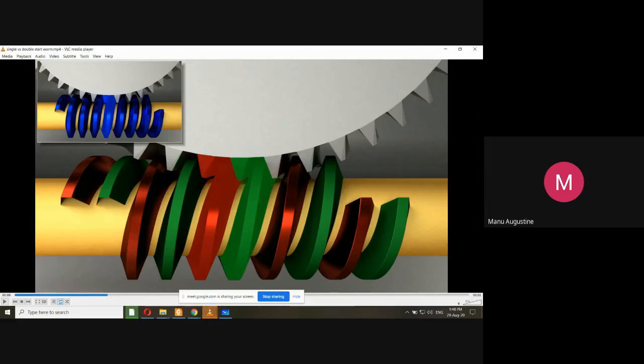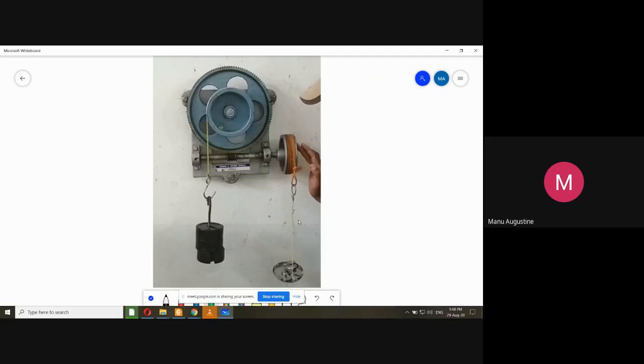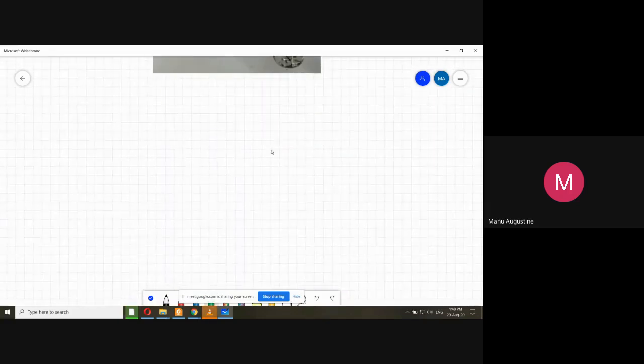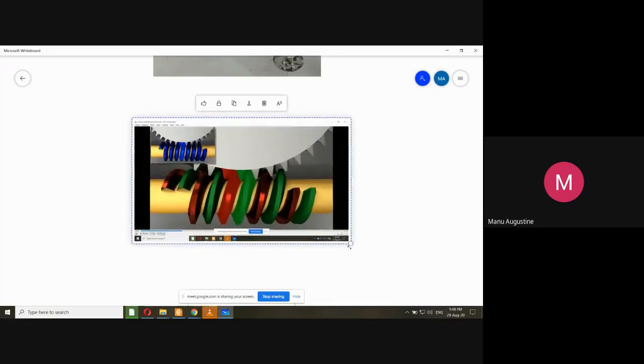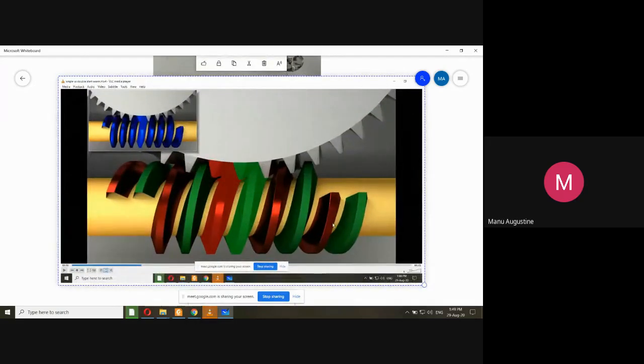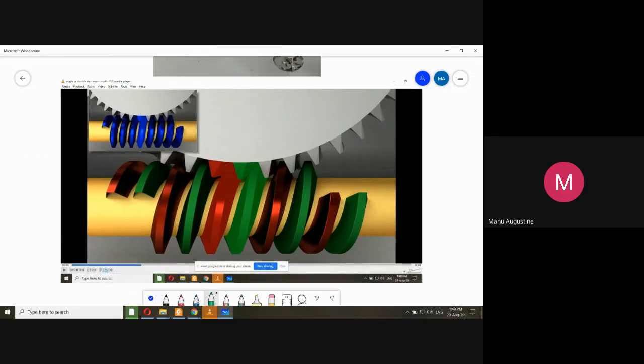Now I will just take an image of this so that I can explain the concept of a pitch and a lead. Let us take some other color. Okay, I think green will do.